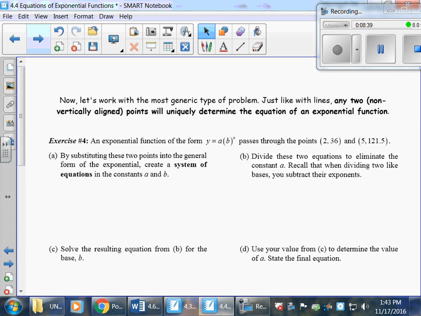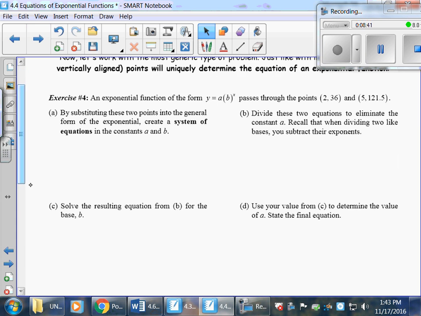So, exercise 4. An exponential function in the form y equals a, b to the x passes through the 2 points. So this time they actually give us the points. Sometimes they give it to us in function notation, sometimes they give it to us just in point notation. By substituting these 2 points into the general form of the exponential, create a system of equations.